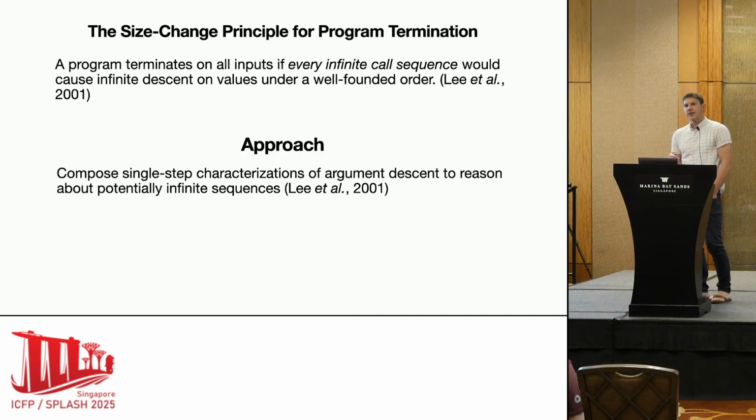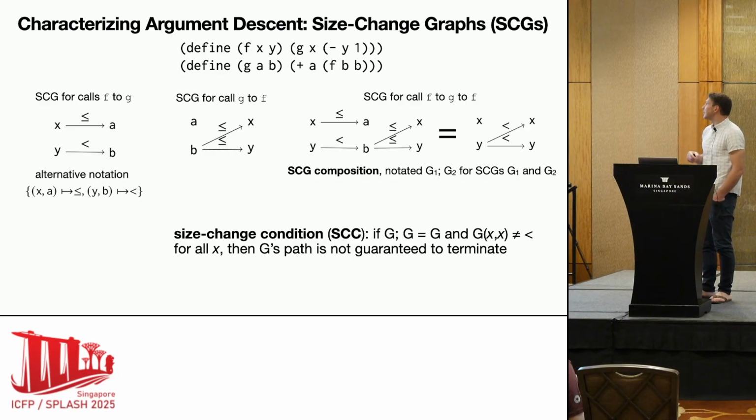The way they characterize argument descent is with something called a size change graph. This program at the top has two mutually recursive functions, and underneath are some size change graphs for them. On the far left, we've got a size change graph from F to G. The call in F to G passes one parameter directly, and passes one less than another.